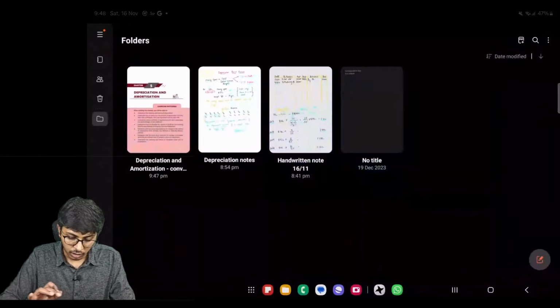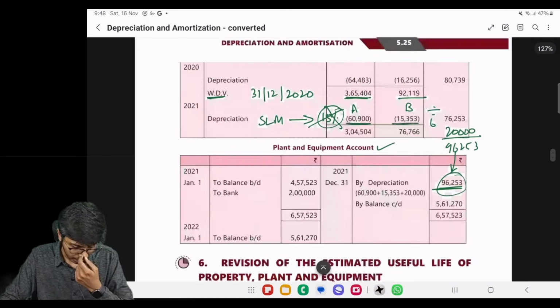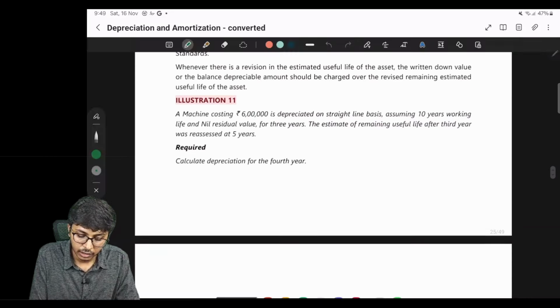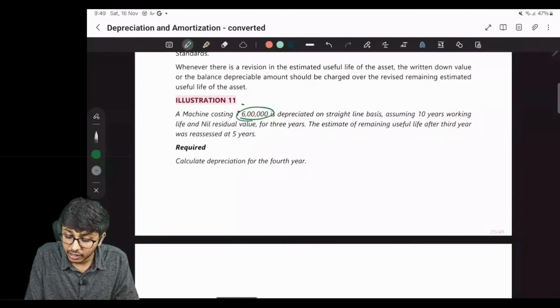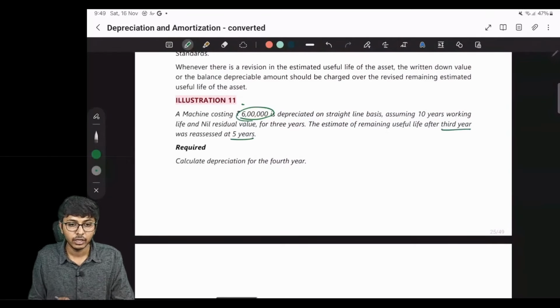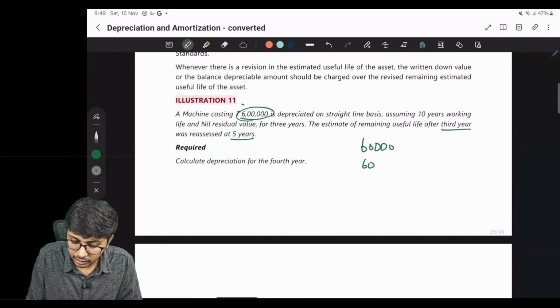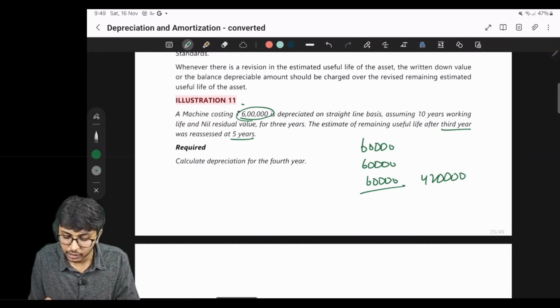Quickly we will see one more. Illustration 5.26, illustration 11. Quickly see this, it will be done. Machinery cost is 6 lakhs, depreciated on SLM basis over 10 years. The estimated useful life in the third year is only 5 years. So first year depreciation 60,000, second year 60,000, third year 60,000. What is the balance of the asset? If you minus 1,80,000, it will be 4,20,000, correct?